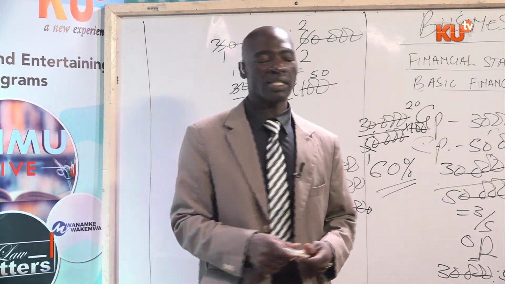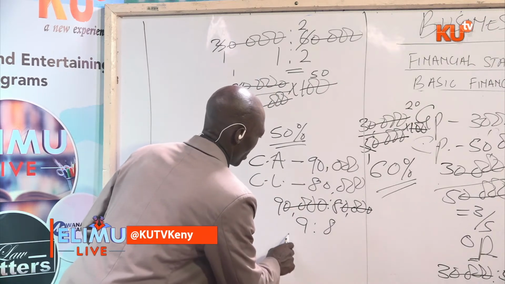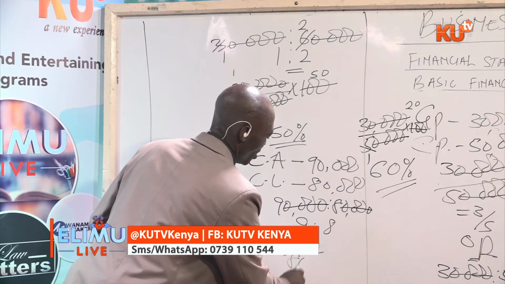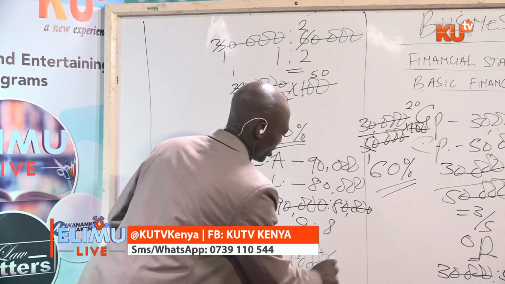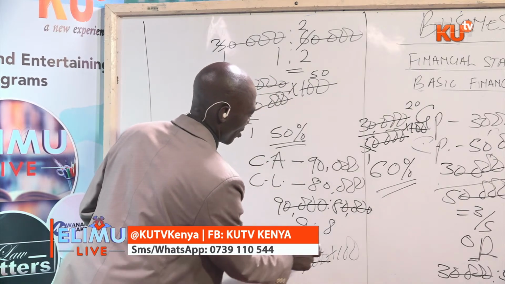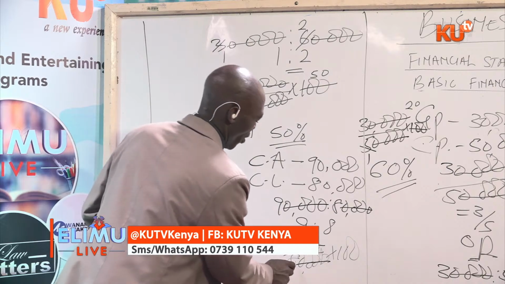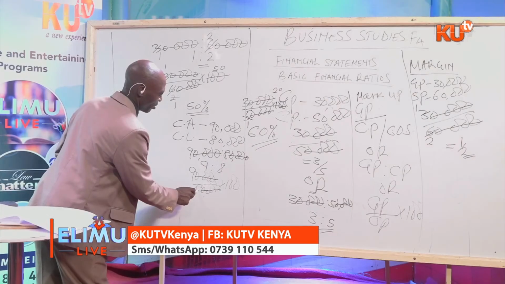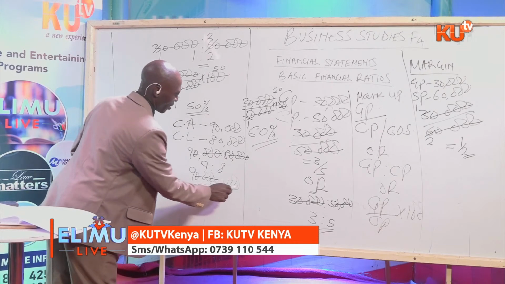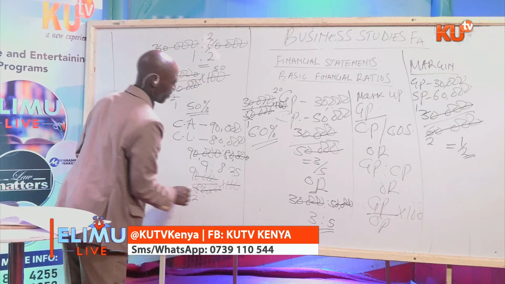If we look at it as a percentage, 9:8, this is 90,000 divided by 80,000 times 100. Cancelling the zeros, 4 goes here, 25.